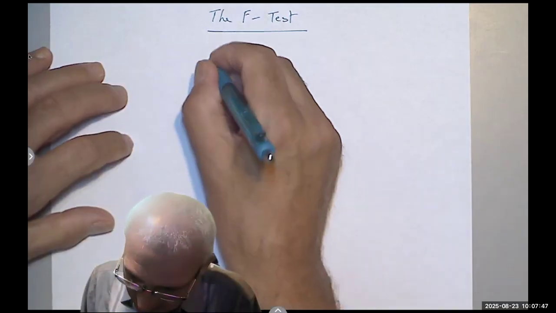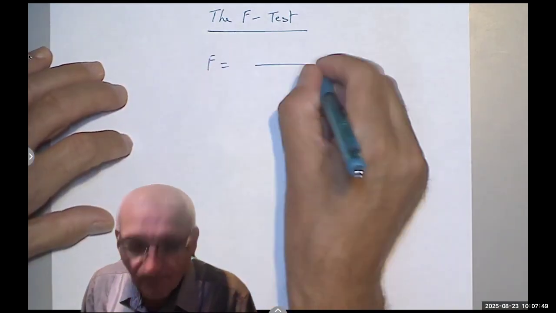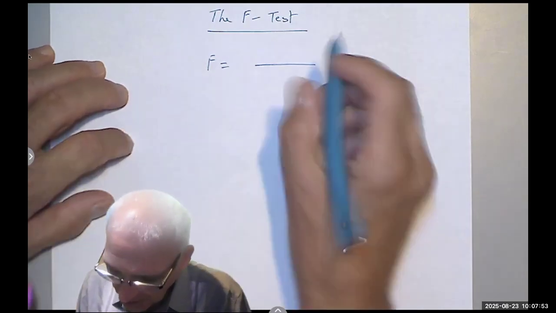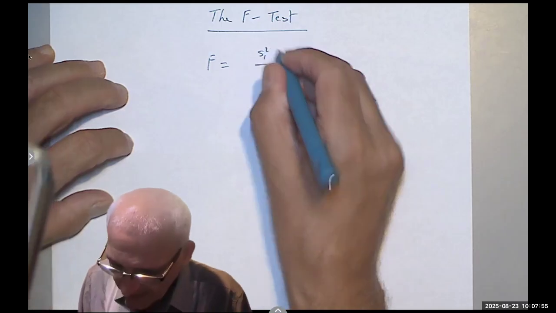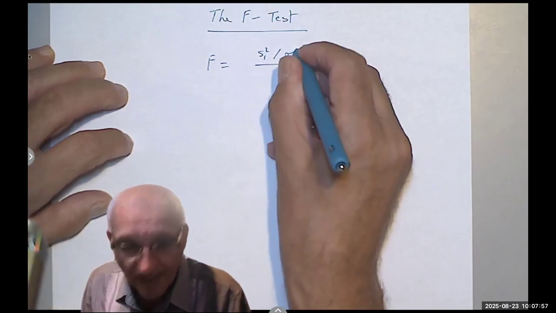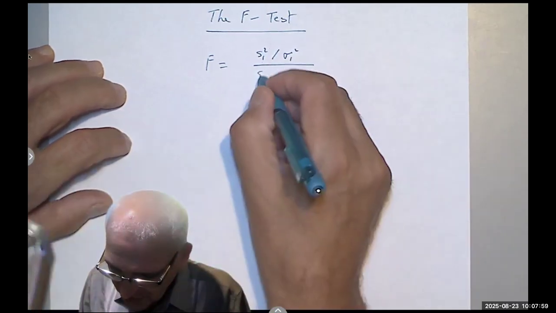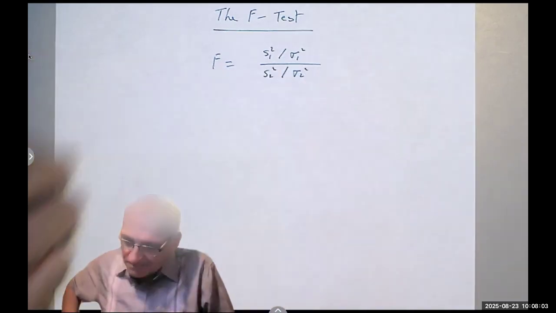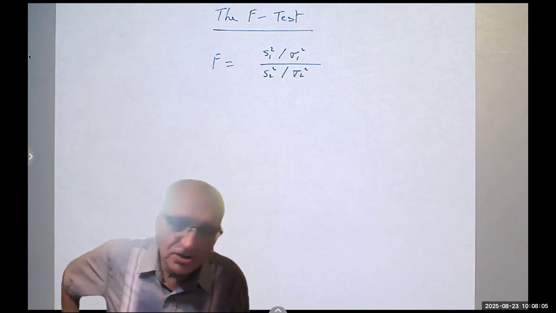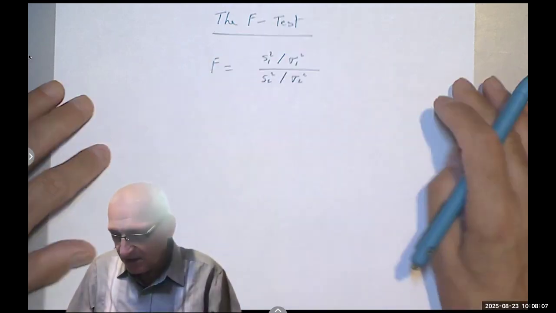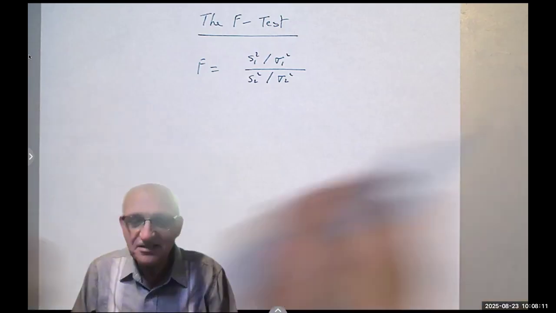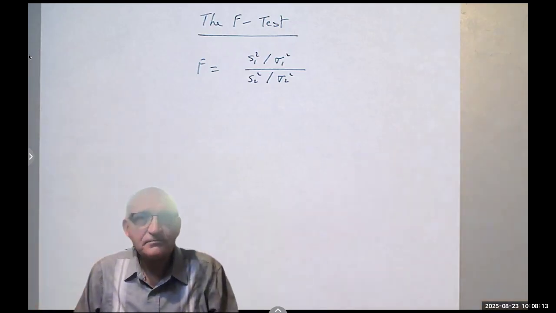The F test is basically a ratio, or two ratios divided by each other. The top one is S1 square over sigma 1 square, and the bottom is S2 square over sigma 2 square. In fact, it's a ratio of two chi-square variables, but that's a discussion for another day.